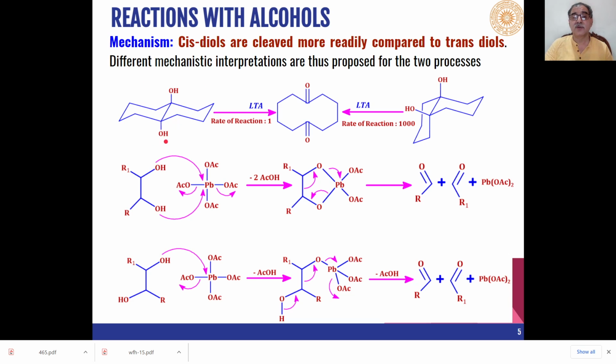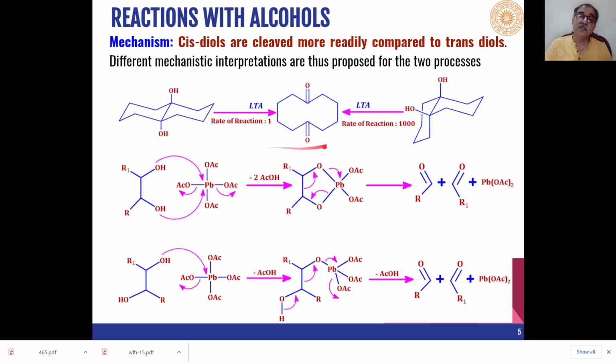Both the hydroxyl groups are diaxial, and the rate of reaction in this case is 1 for the cleavage of this carbon-carbon bond, whereas in this diol, where in the conformation one hydroxyl group is equatorial and the other is axial, the cleavage of this bond is 1000 times faster than in this conformation.